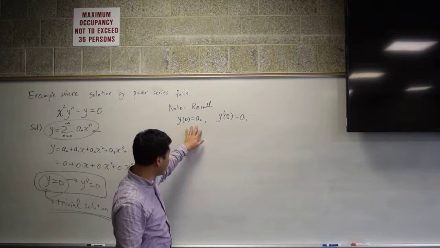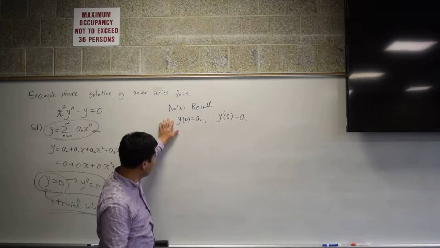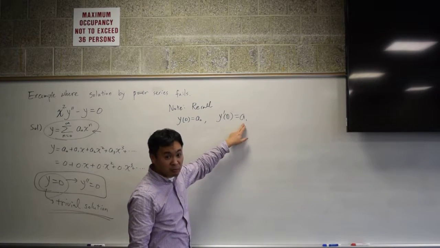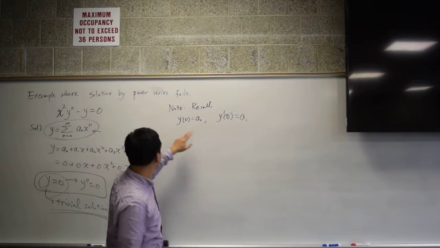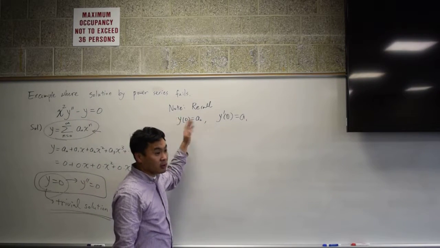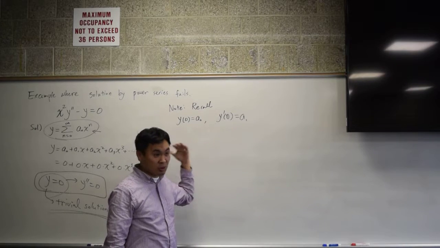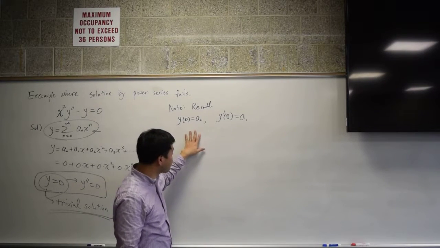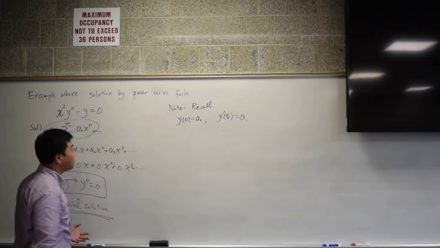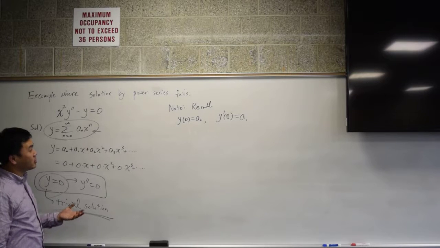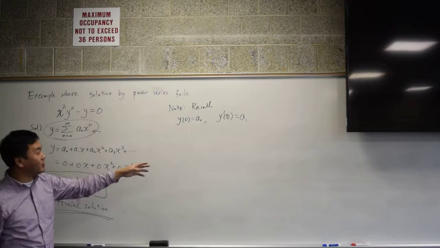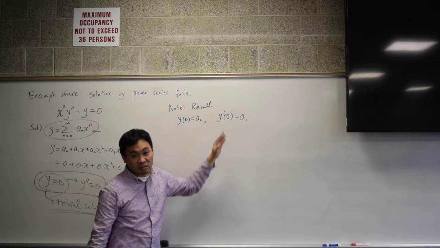So these are like the free parameters. If you're given a differential equation with two initial data for second order, then you should always be able to solve it, and it is a unique solution. So you would expect a0 and a1 to be free parameters at the end of the day. Everything else should be expressed as something involving a0 or a1 or both.